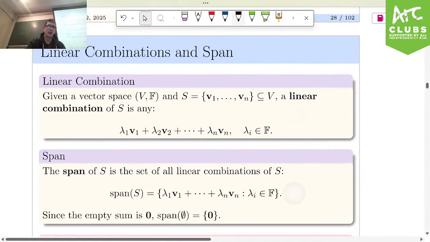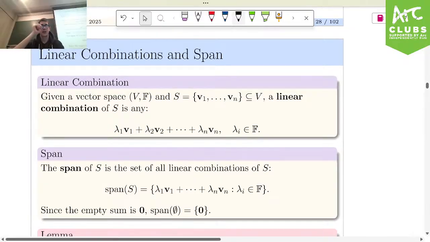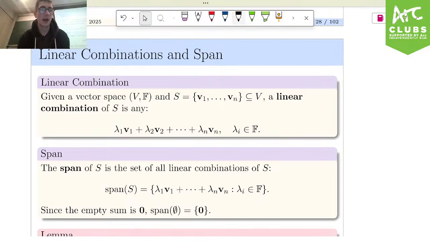So the next definition we need is a span, and to define that well, we need to define what a linear combination is properly. A linear combination is where we have a set of vectors and we're looking at the sum of all those vectors multiplied by some respective scalars.